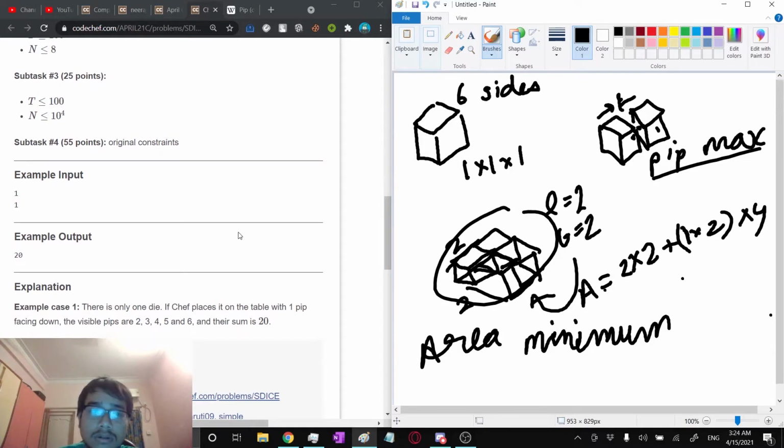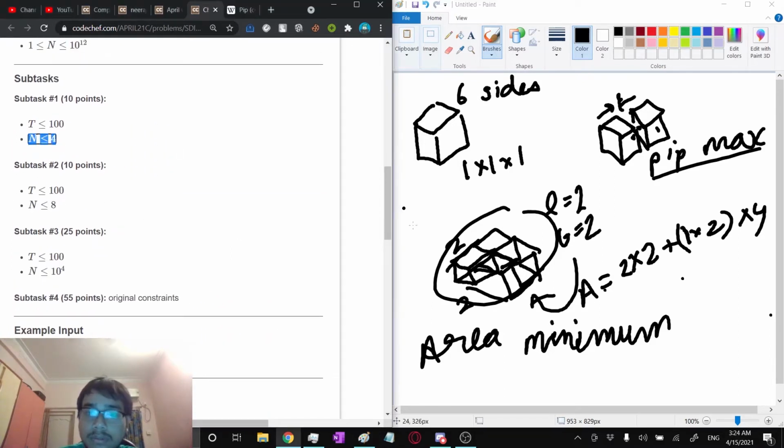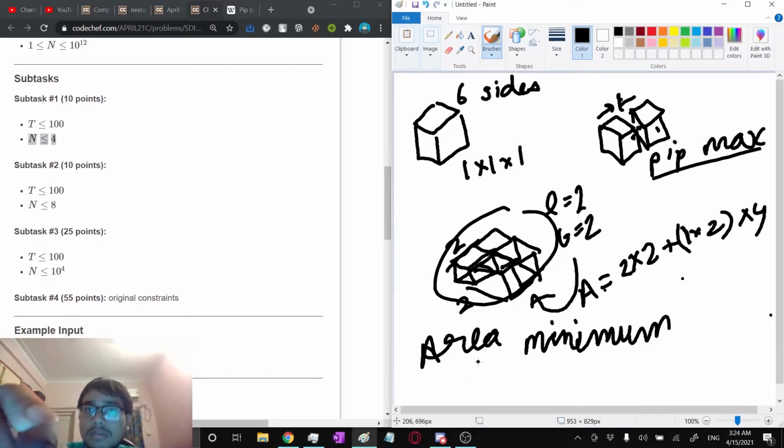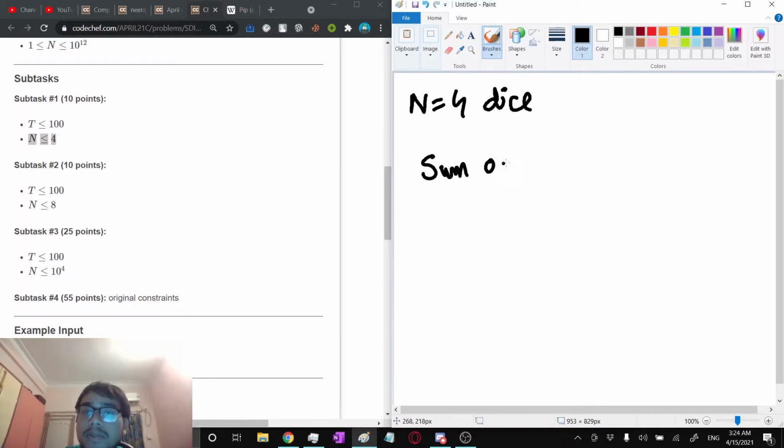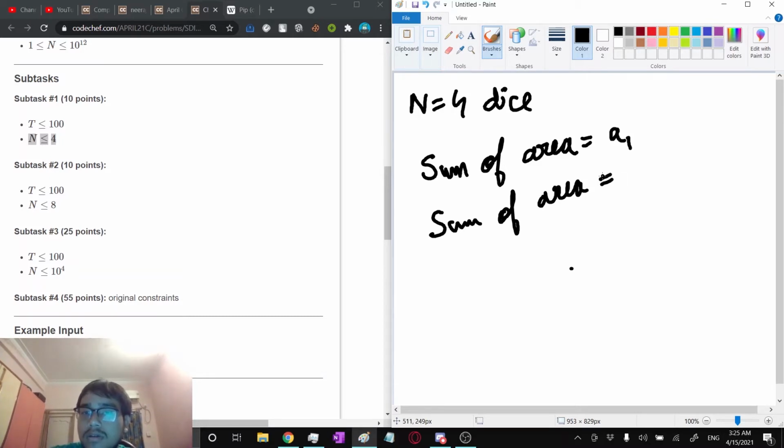If you analyze all the test cases, for n equal to 4 dice, the sum of area will give a certain number, A1, and the sum of area when n equal to 8 will give a certain number.